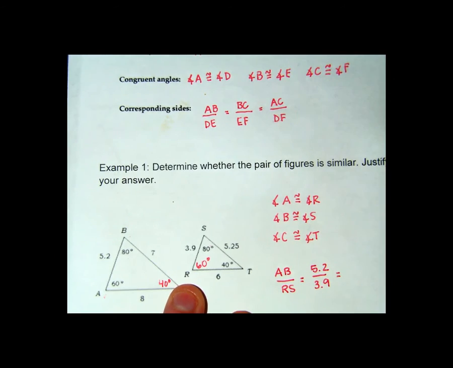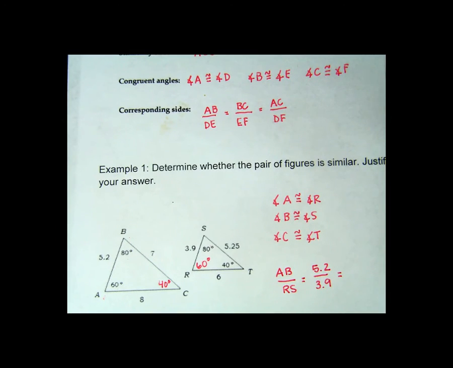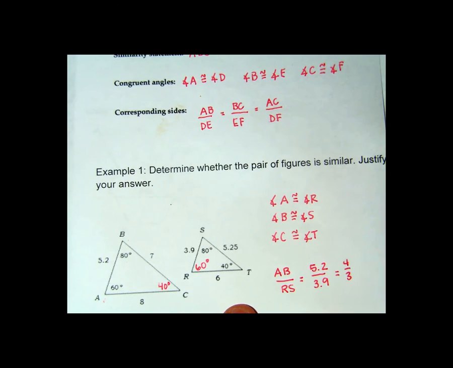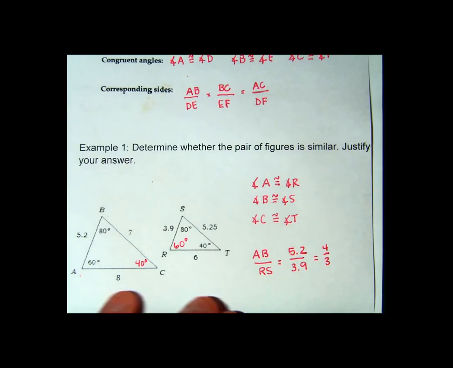And we're going to reduce that fraction so that we have either an improper fraction or a decimal. It doesn't matter as long as we get something that will be the same. So 5.2 and 3.9, I get 4/3. If this is the same for all the sides, I do have similar figures. We've got to keep looking.